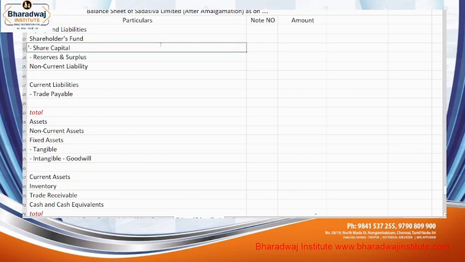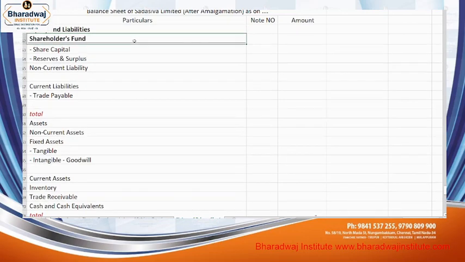When you do the working notes along with the balance sheet. Equity and liabilities, shareholders' funds, share capital. What is the purchasing company's share capital? 1,50,000 plus face value of shares allotted, 90,000. Only the face value you should consider.